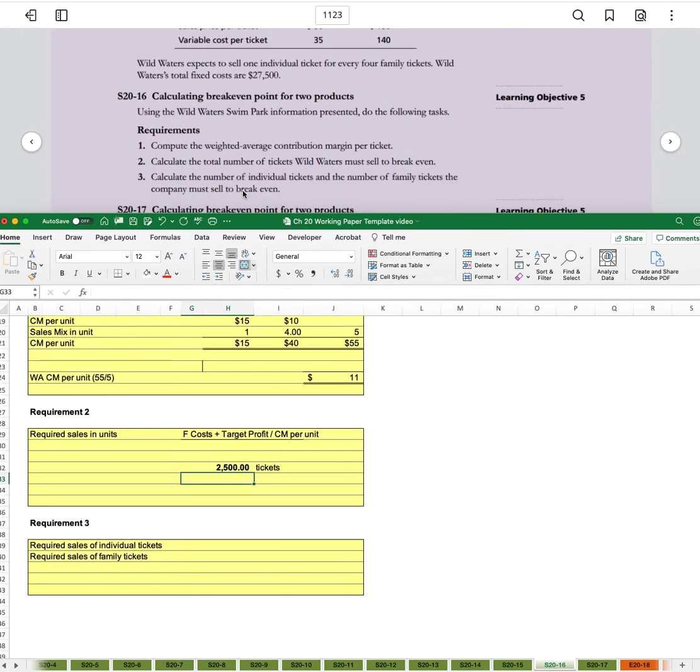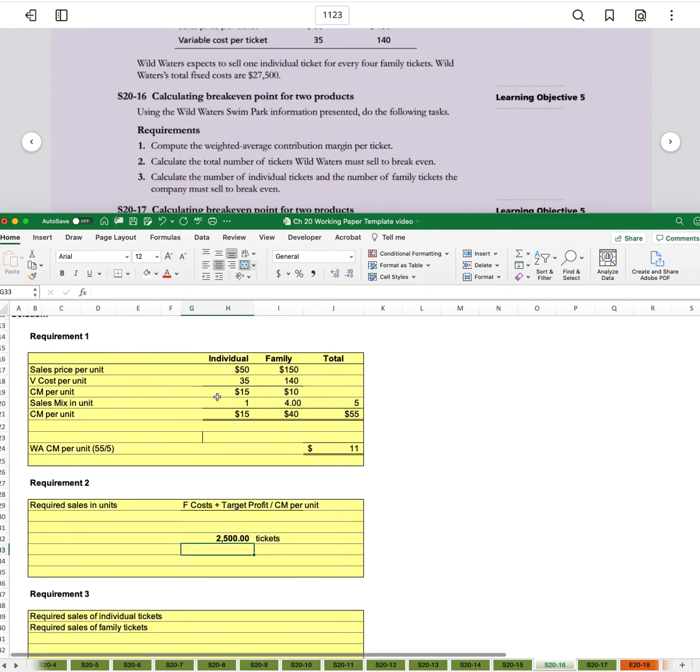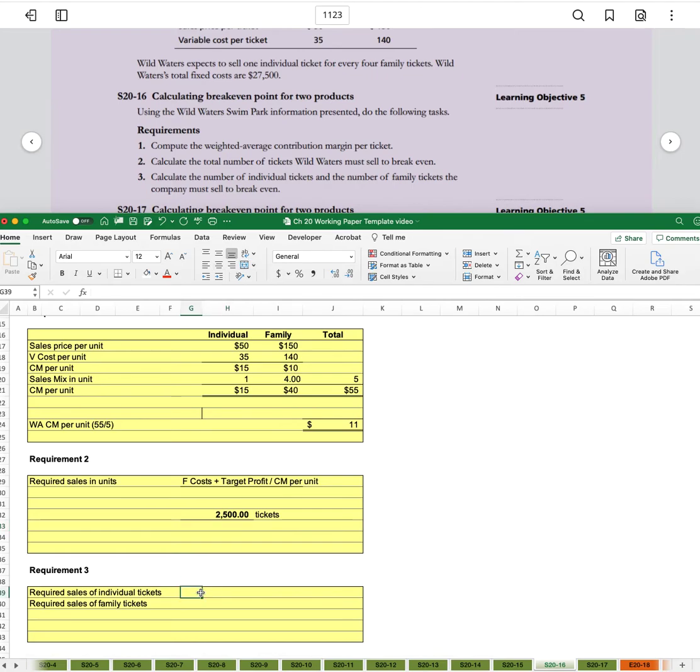And requirement 3 says calculate the number of individual tickets and the number of family tickets the company must sell to break even. This is because we have 2,500 tickets total, but how many of those will be individual versus family according to our sales mix? To calculate that, individual tickets is 1 out of 5, so 1 divided by 5 times 2,500.